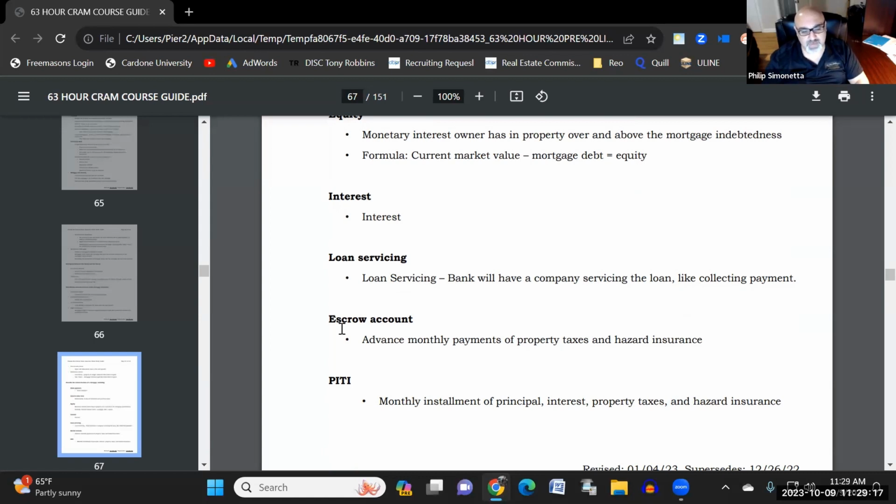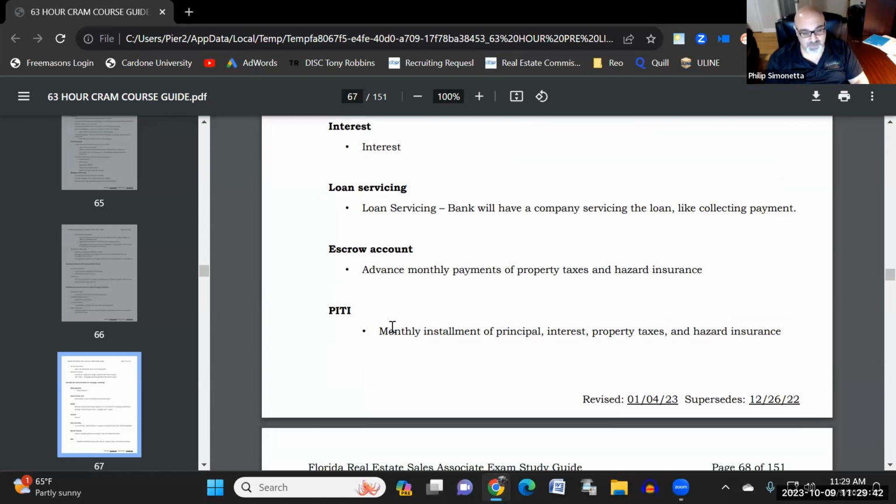Escrow account. That's the advanced monthly payments of property taxes and insurance. So you would have your principal, interest, taxes, and insurance. If you have PMI, then you would have an escrow account, which would take your taxes and homeowners insurance for the future, and it would divide it up, right? All right.